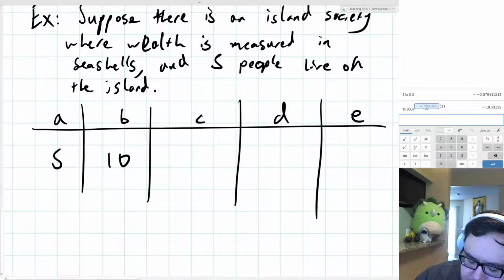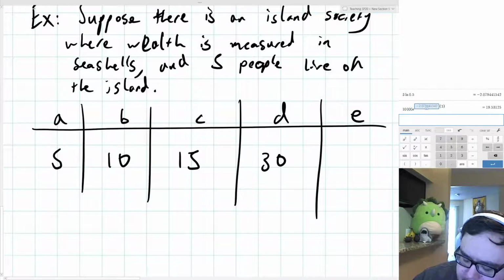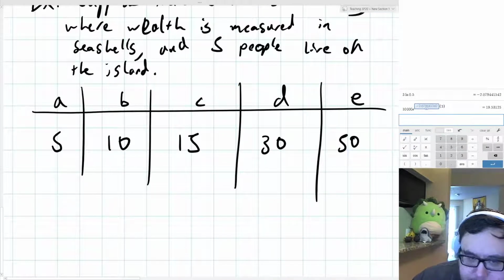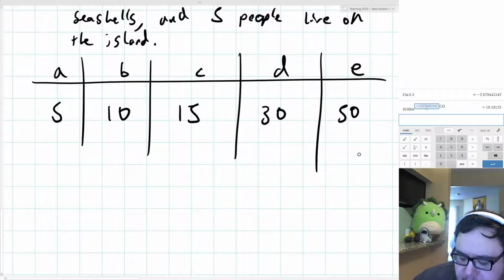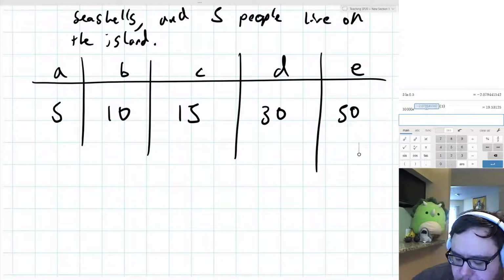Person C has 15 seashells. Person D has 30 seashells. And person E has 50 seashells. Okay, so there's some wealth inequality here. Everybody doesn't have the same amount of seashells. Person E has half of the seashells, and everybody else is distributed between each other. Some people have a little less, some people have a little more. Okay.